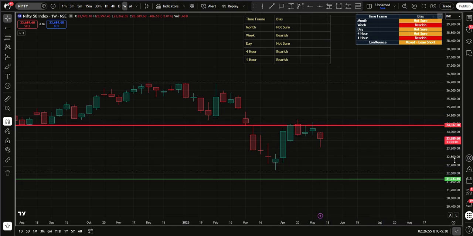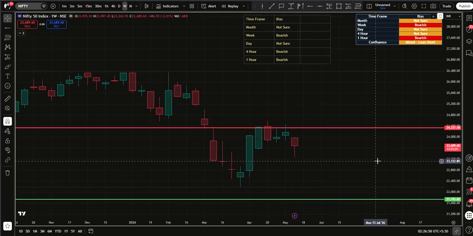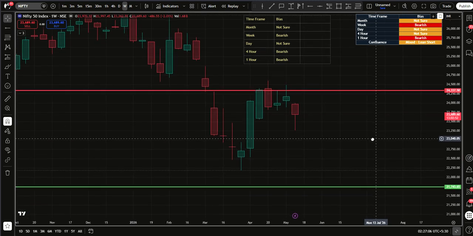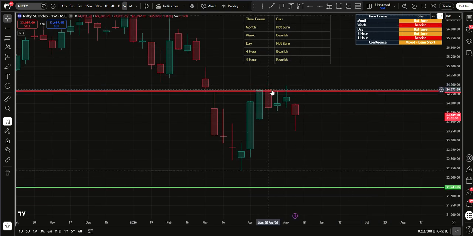So till then, I have this swing high to consider and this swing high to consider. So this is a lower high. Now, where are the buyers and where are the sellers? The sellers are right on top of this high right now, and the buyers are right here.